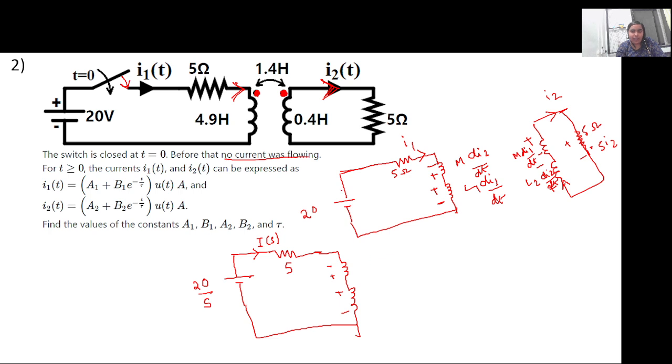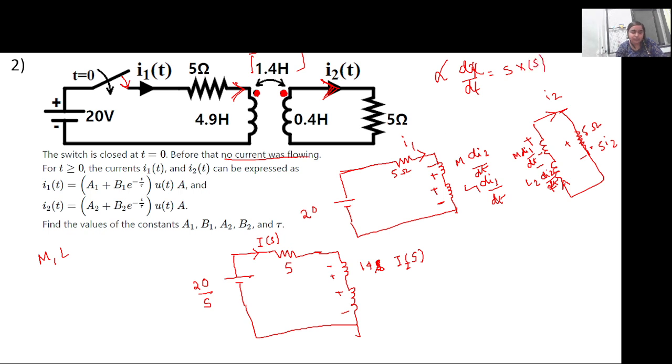M here is given as 1.4 Henry, so it is 1.4 into S. M or L, whichever, both are inductance, so inductance into some differential of current. In frequency domain it will be 1.4 S into I2 of S, since it is di2 by dt, because we know the Laplace transform of dx by dt is equal to S into X of S.